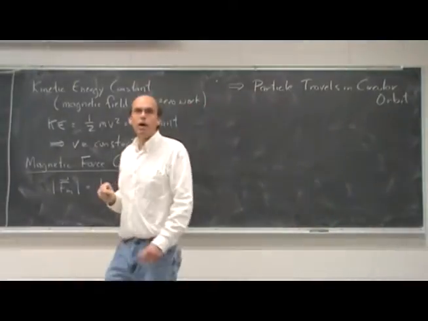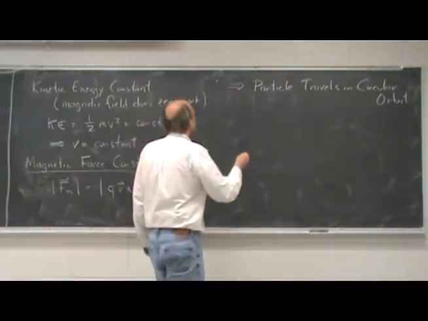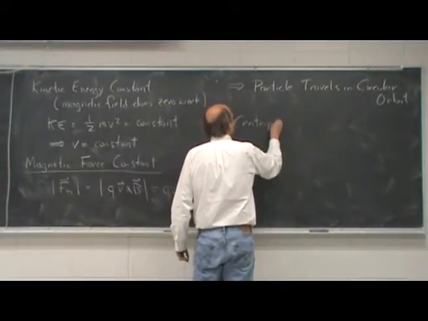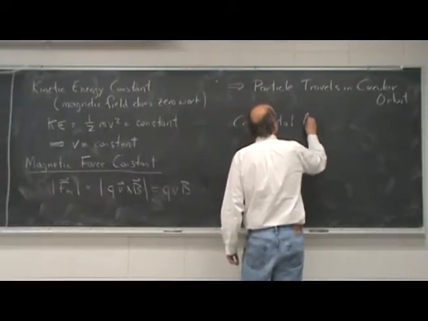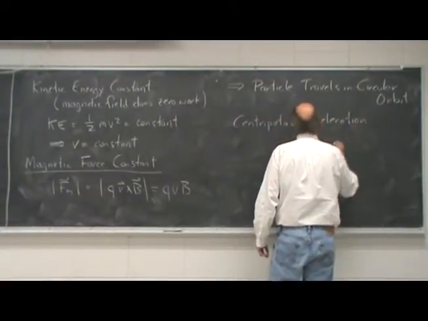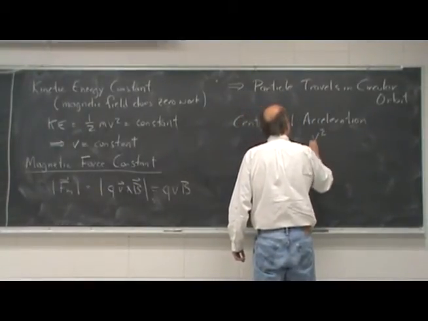And we're not going to figure out how big an orbit that is. The acceleration of anything moving in a circle is called the centripetal acceleration. AC for that is just V squared over R.